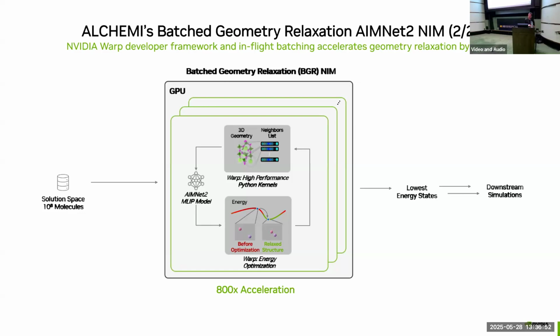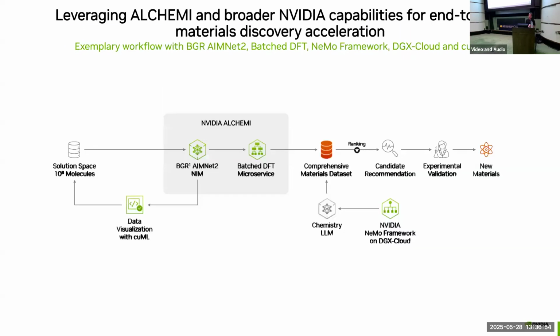So that's exactly what was done here with Alchemy for the SES AI folks. So you can see where these NIMs, again, for that BGR is batched geometry relaxation. And then we also have a batch DFT, density functional theory microservice, which can be applied for property prediction as well. And this is just one component in the blueprint, if you will, for SES AI, right?